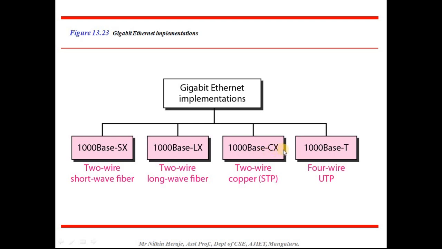1000 base CX, so 2-wire copper cables are used. C stands for copper. 1000 base T is a 4-wire UTP. T stands for UTP cables.